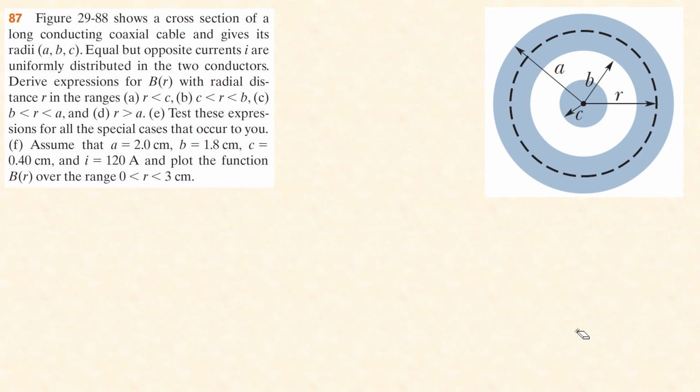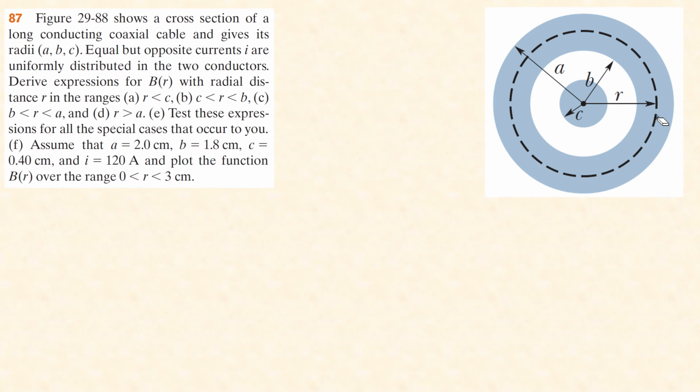Derive an expression for B as a function of radial distance r in the ranges r less than c, r between c and b, between b and a, and greater than a. So we want to find the direction and magnitude of the magnetic field at different distances.